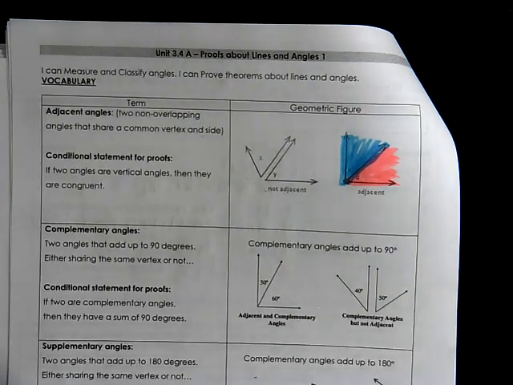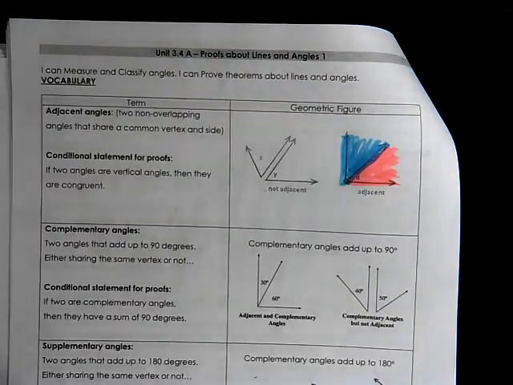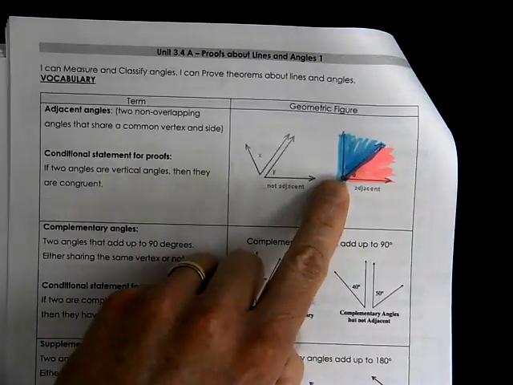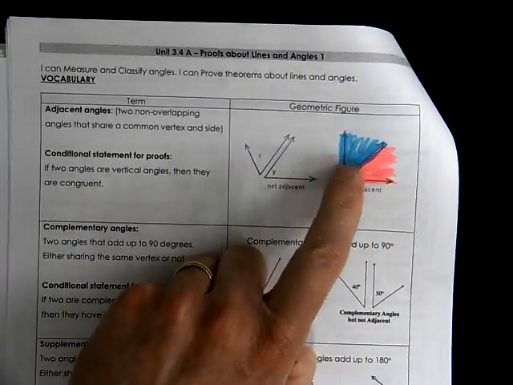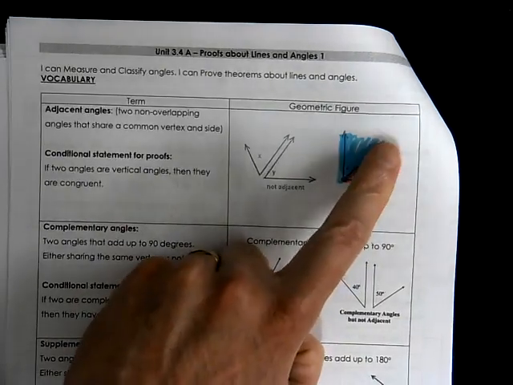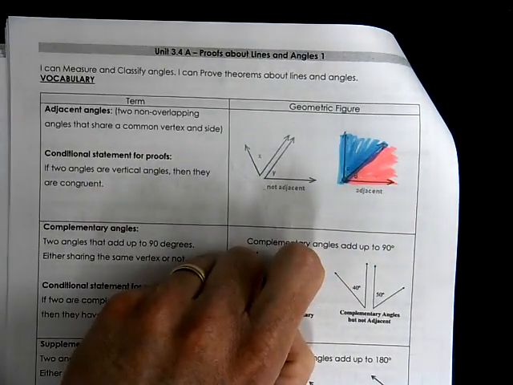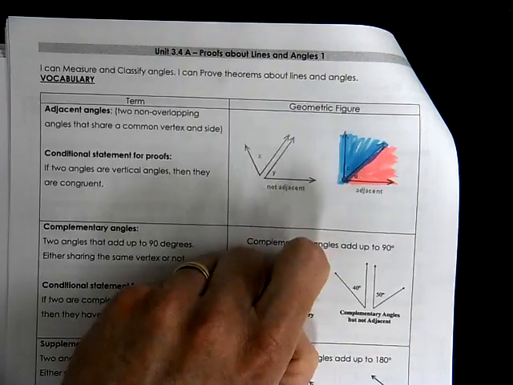Is the blue and the pink overlapping? Not at all, so they don't overlap. They do share the same vertex. And the pink and the blue do touch each other. They do share a side. They have to share a side and have a common vertex.